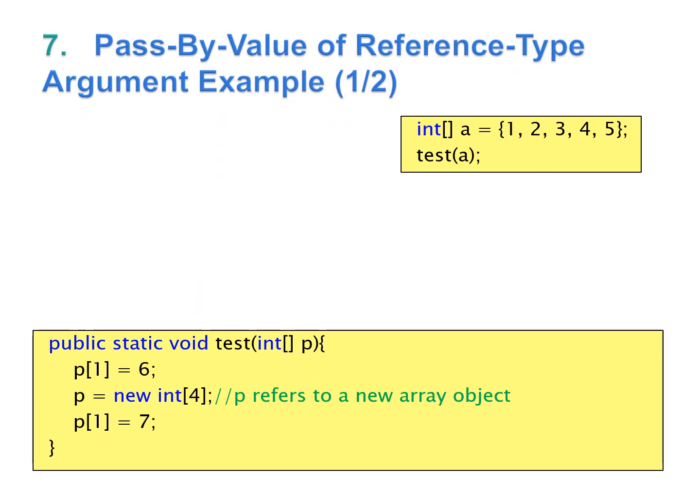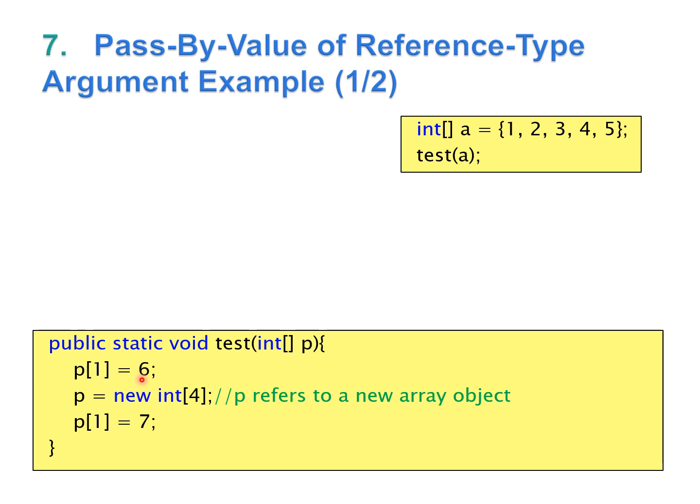Here is an example that demonstrates the effect of pass-by value of a reference type parameter, such as array parameters. In this example, we have a method test that takes one array parameter named p of int elements. Inside the method, it first assigns element p[1] to value 6.